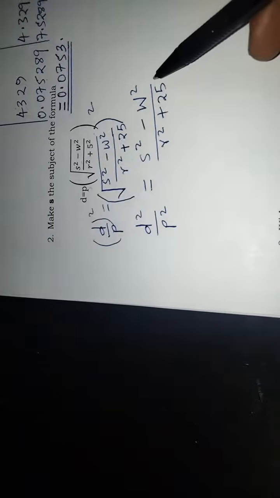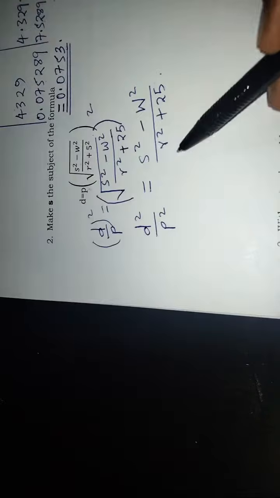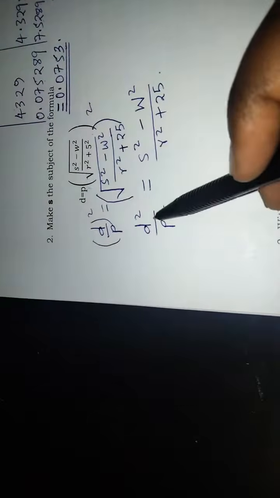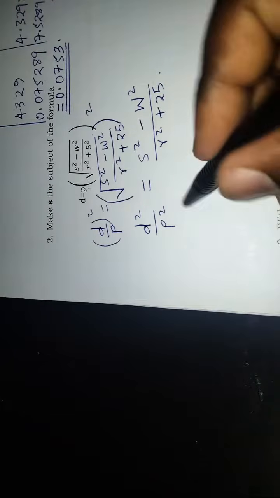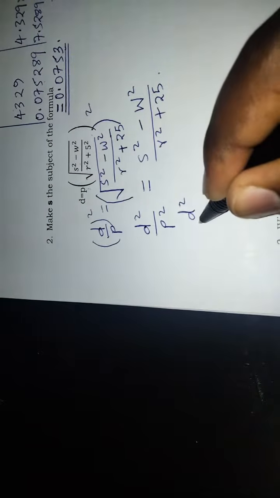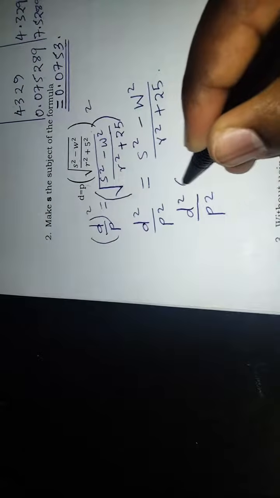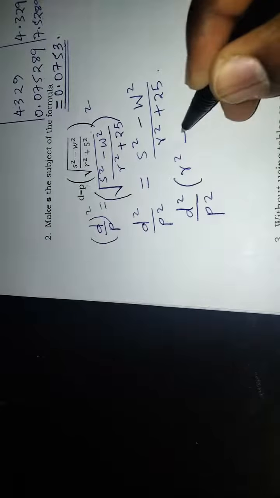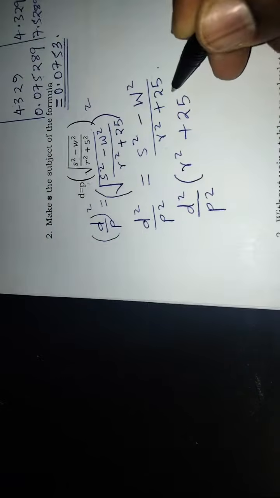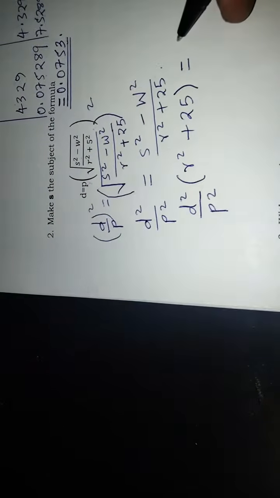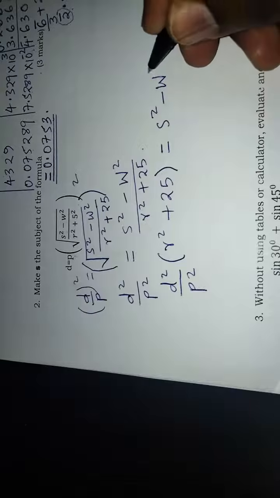Therefore, we can multiply both sides with this denominator, so that we have d squared out of p squared multiplying with r squared plus 25, then this is equal to s squared minus w squared.